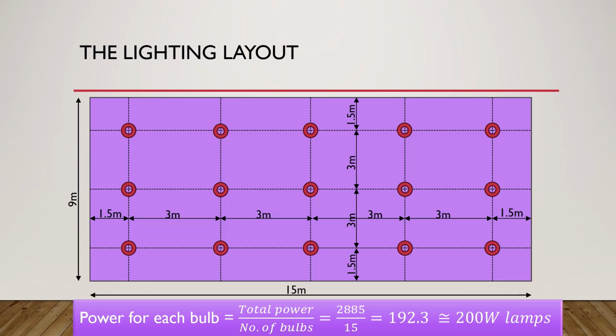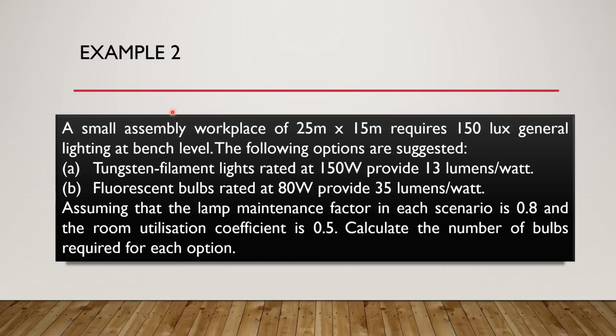So let's take another example. Example 2: a small assembly workspace of 25 meters by 15 requires 150 lux general lighting at bench level. The following options are suggested. Option A, tungsten filament light rated at 150 watts, provides 13 lumen per watt.